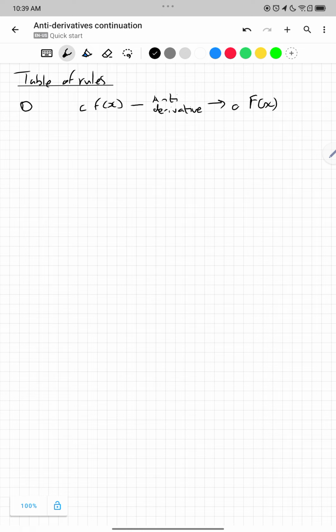So basically, if there's a constant multiplying the function that you are anti-deriving, then you keep the constant the same and you focus on the function. You keep the constant on the side, focus on the function.